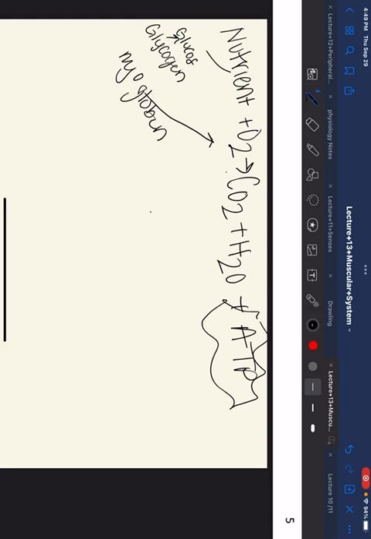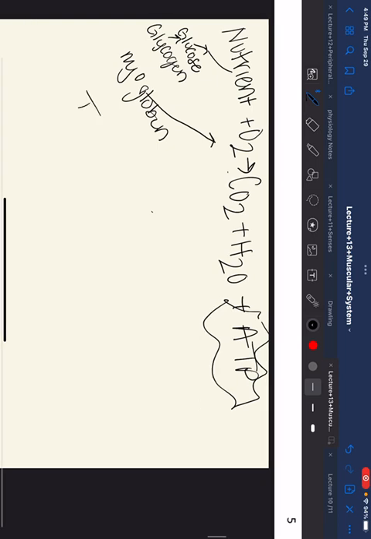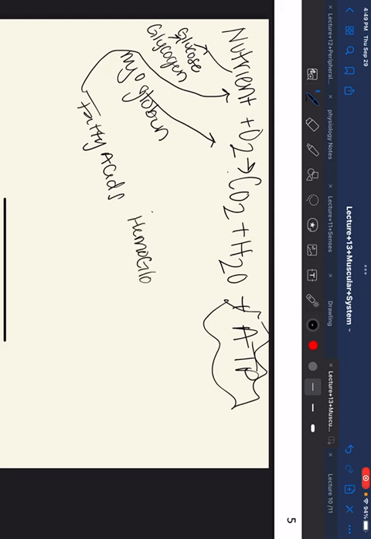In addition, fatty acids can act as a nutrient source for your muscles to make energy. And then we can also get oxygen from hemoglobin. So those are the nutrient sources that we use to make ATP to power muscle contraction and muscle relaxation.